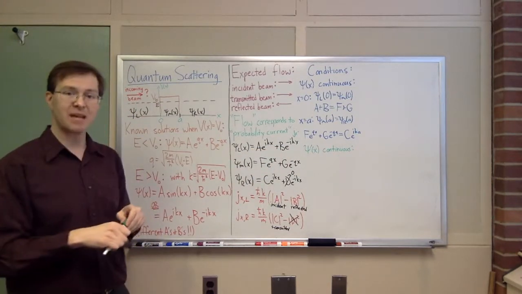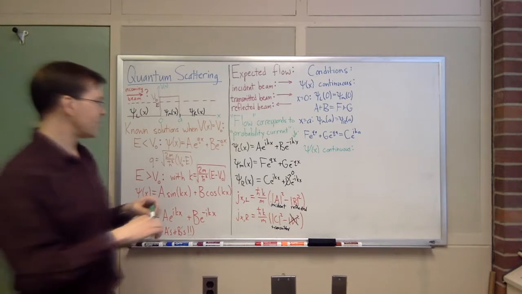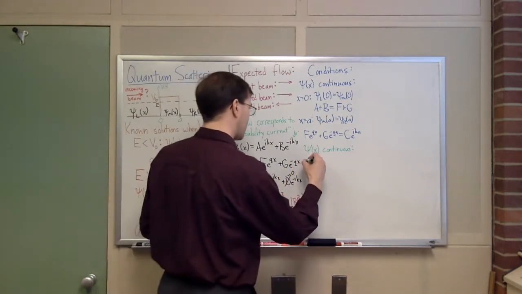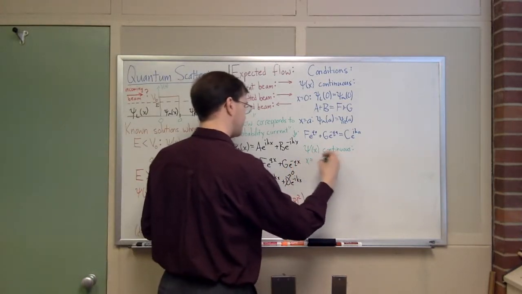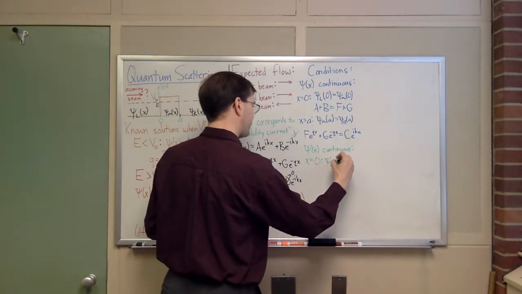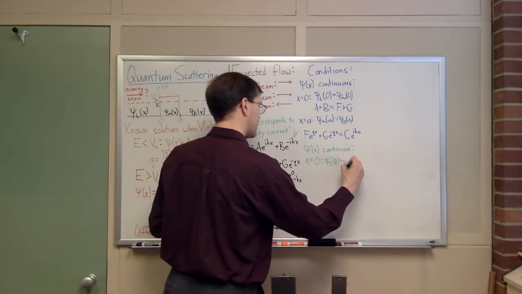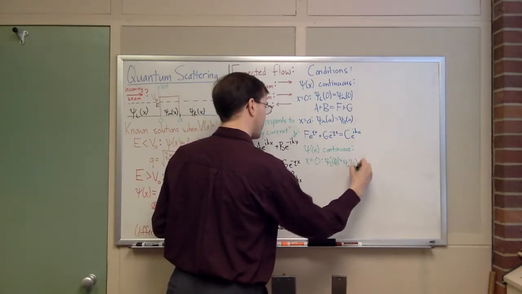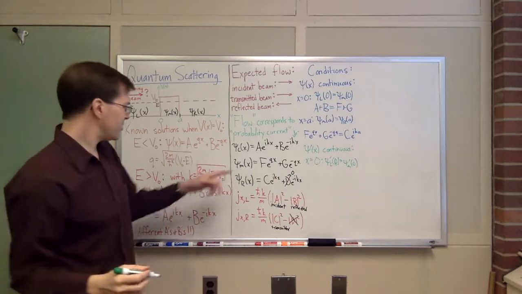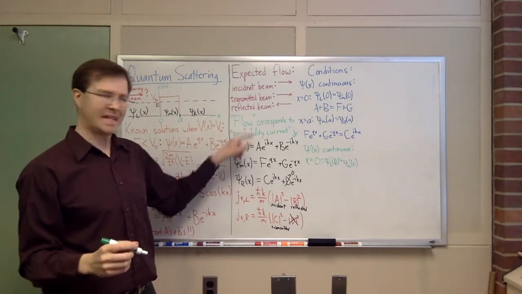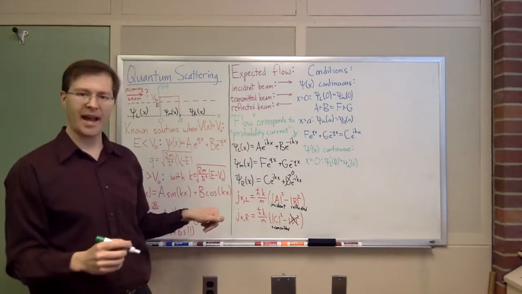And so I'm going to do the same thing. I need the derivatives to be continuous. So at x equals 0, I need psi prime left of 0 equals psi middle prime of 0. Those derivatives of exponentials, fortunately, are really easy. I just pulled out an ik.